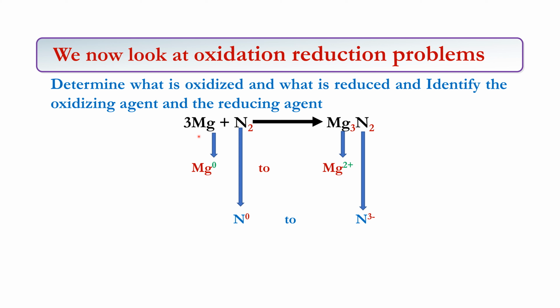So magnesium is oxidized, nitrogen is reduced. Magnesium is the reducing agent, nitrogen is the oxidizing agent.